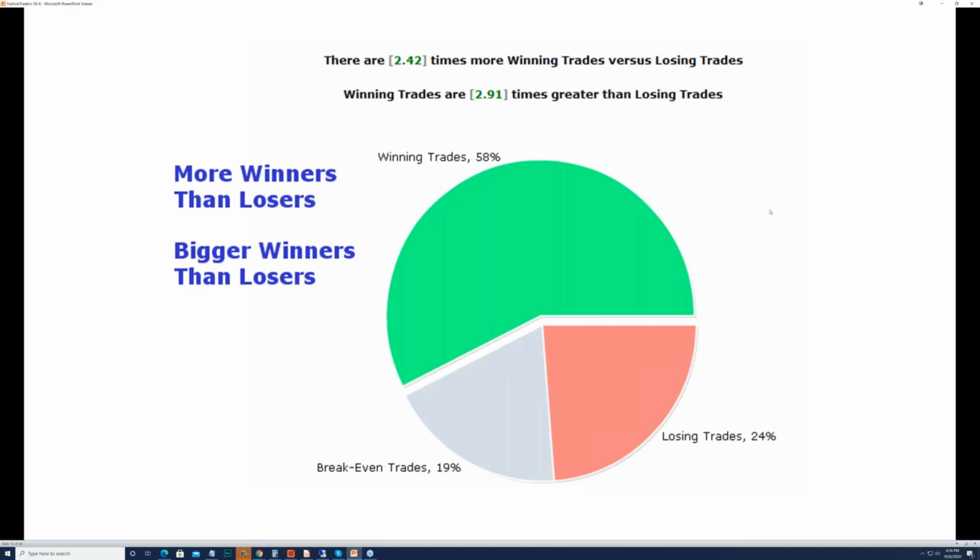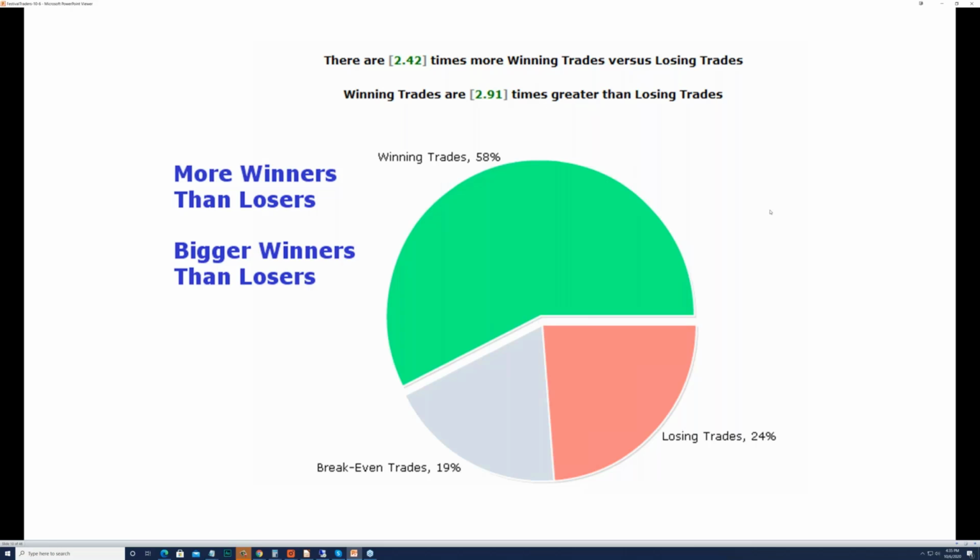But in day trading, we'd still like to see more winners than losers. And then we have break-even trades in there. Those are the trades where we got some forward movement, enough to protect our position in one way or another, and no harm, no foul. We get knocked out of those. And then we get losing trades. Those could be either full stops or just partially losing trades. Maybe your trailing stop tightens the stop by half before you get knocked out.